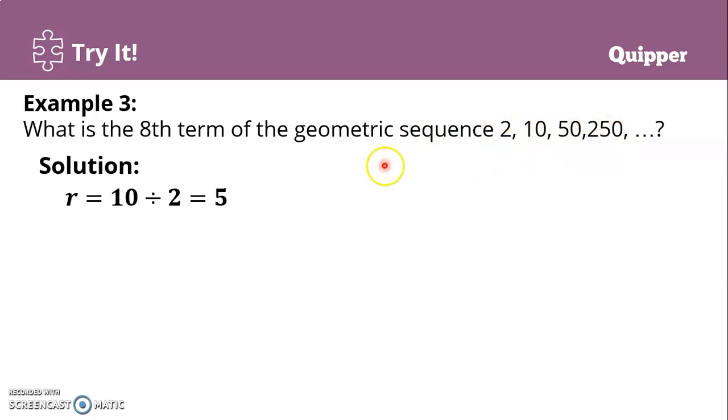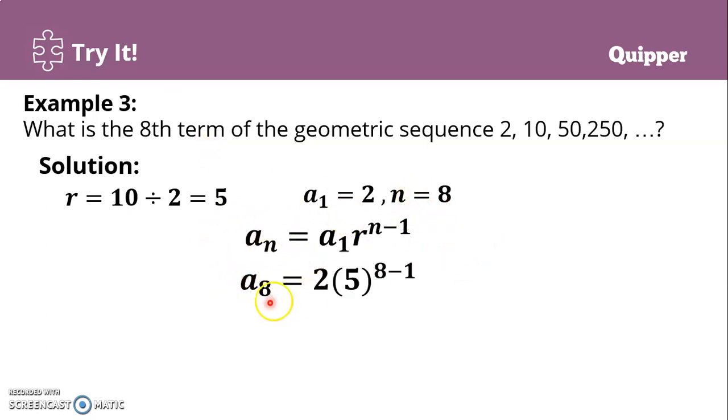Okay? So, we are going to solve just one ratio. So, that's 10 divided by 2. Yung pinakasimple, the easiest. So, 10 divided by 2, that gives us 5. And so, the first term is 2. And the n is 8, because we are looking for the 8th term. We are looking for a sub 8.